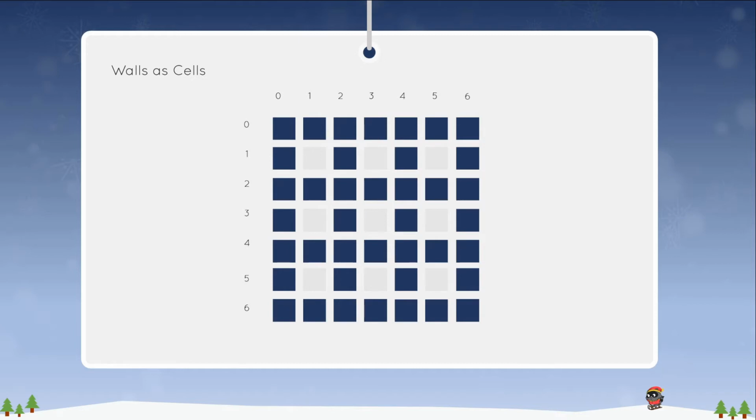So we have a way now of storing our data, or a shape for it, but what do we actually want to put into each of these array entries? Well, the Python library mazelib uses this approach. It actually represents the walls as separate entries in the array. So we can see here that columns 0, 2, 4 and 6 are all walls, as are rows 0, 2, 4 and 6.